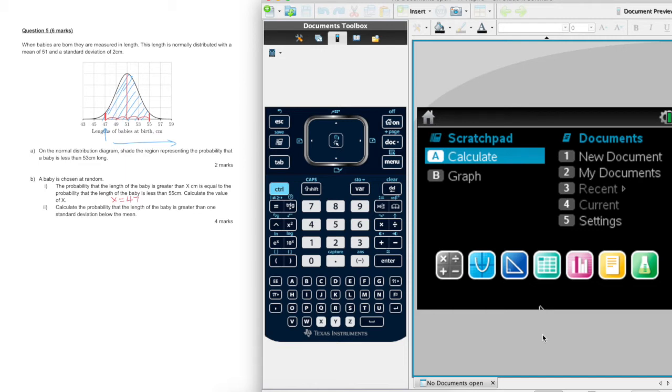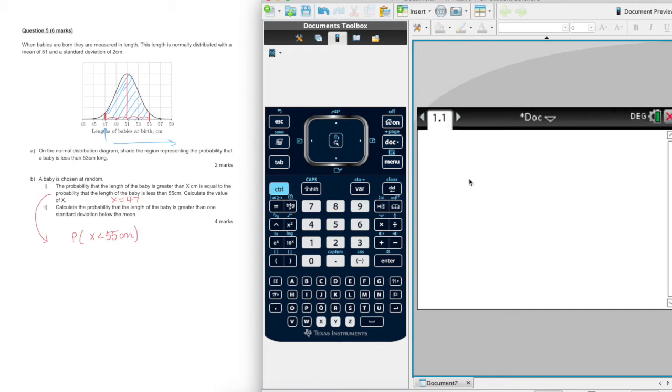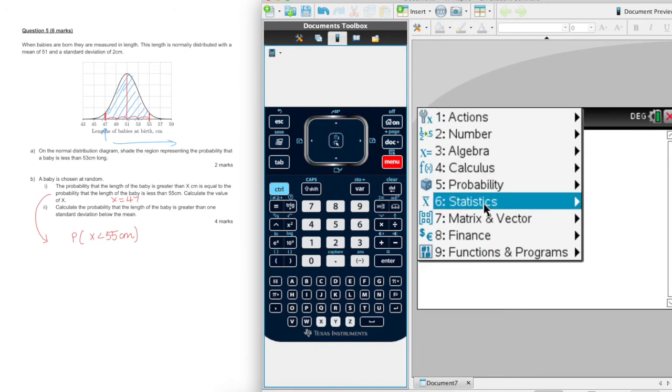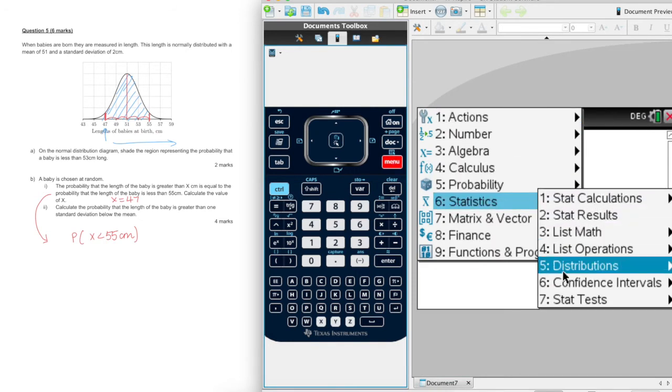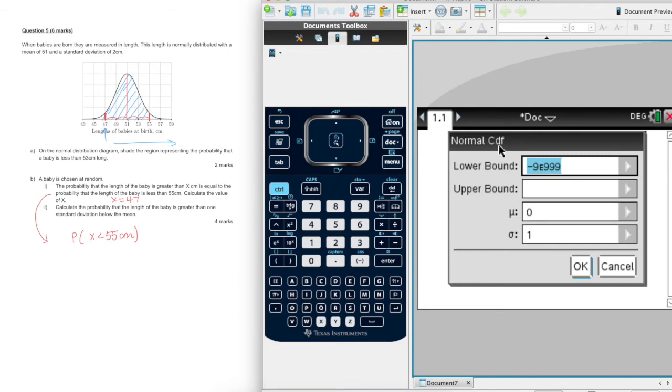And you can either show that on the graph, or you can use your calculator to do this as well. And we can say, first of all, what is the probability that the baby is less than 55 centimetres? So the probability that X is less than 55 centimetres. And we can do that on our calculator. So menu, statistics, distributions, and normal CDF.